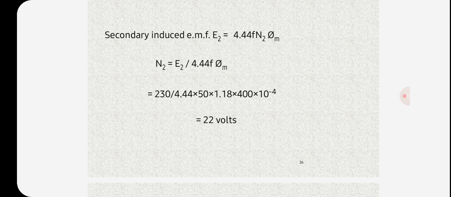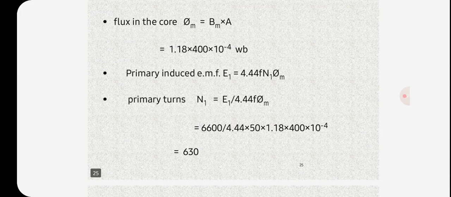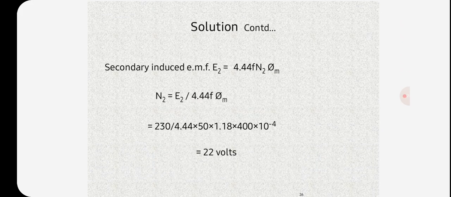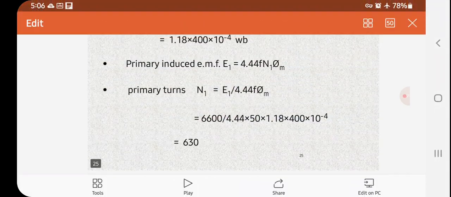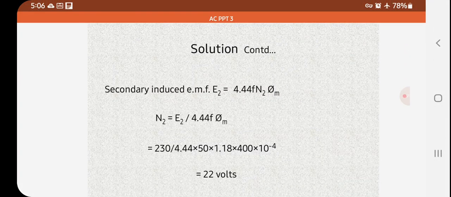That is equal to 230 by 4.44 into 50 into 1.18 into 400 into 10 to the power of minus 4. After calculating this, we get 22 turns. So N1 is 630 turns and N2 is 22 turns, meaning N1 turns are more than N2 turns. So this is a step down transformer.